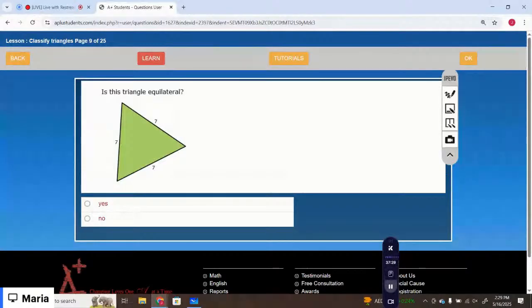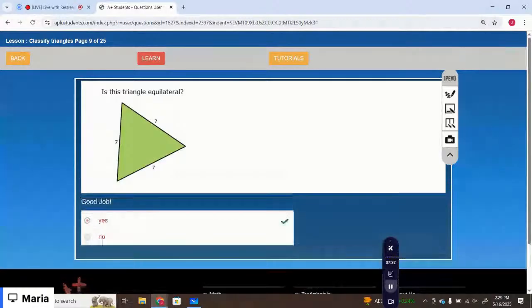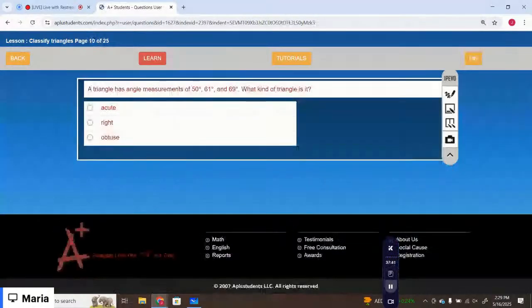Is this triangle an equilateral triangle? Yes, all the sides are exactly equal in measurement, so that is an equilateral triangle. A triangle has angle measurements of 50, 61, and 69.